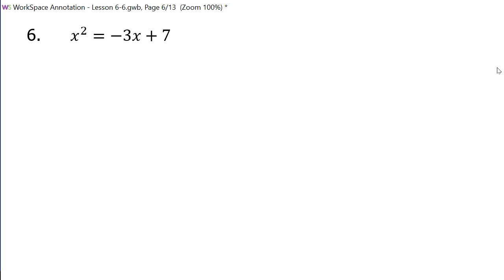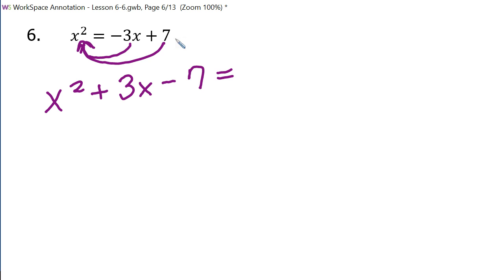What does it have to equal? 0. So we have to take the -3x, move it to the other side. Take the 7, move it to the other side. So this would be x squared. What happens to -3x when we move it to the other side? Changes to +3x. What happens to +7? Changes to -7. Now it equals 0.